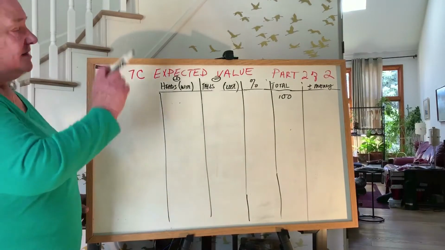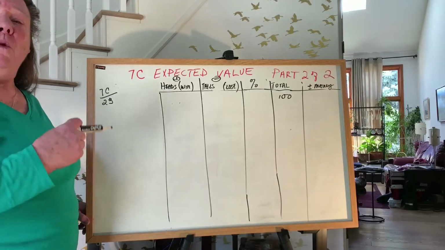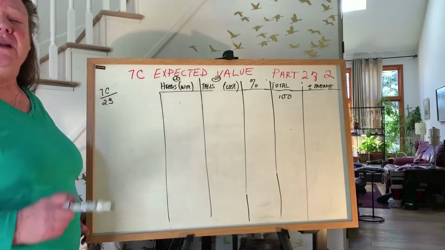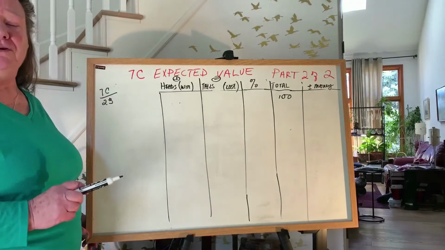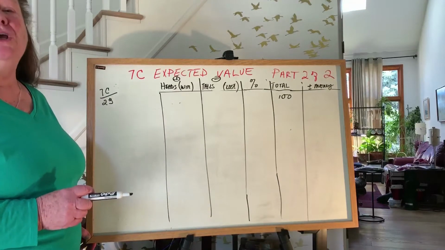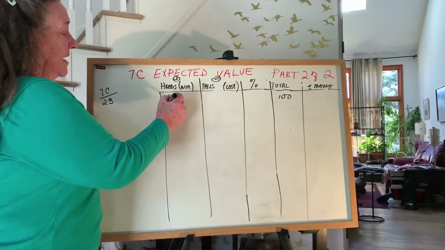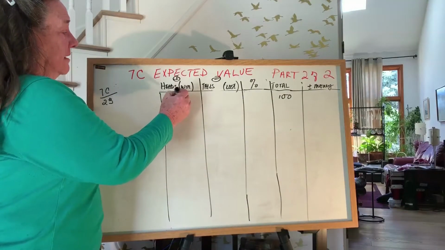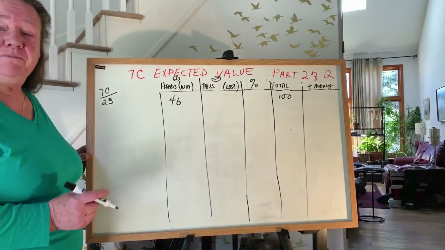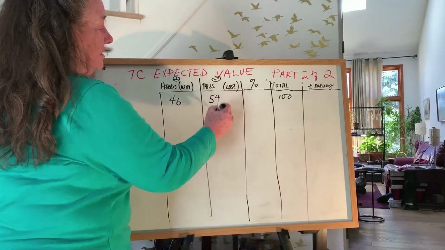So, this problem says that for every head that you toss in 100 tosses, you get $1. For every tail that you toss in that same 100 tosses, you lose $1. Okay, so the first problem says that you get 46 heads. Well, for 100 tosses, that means you have 54 tails.